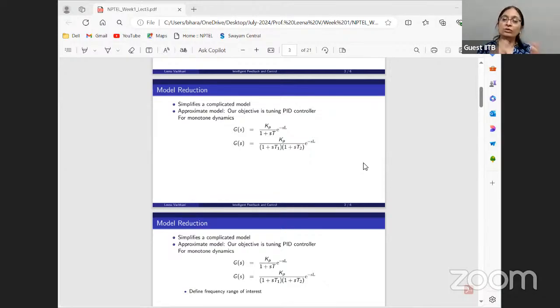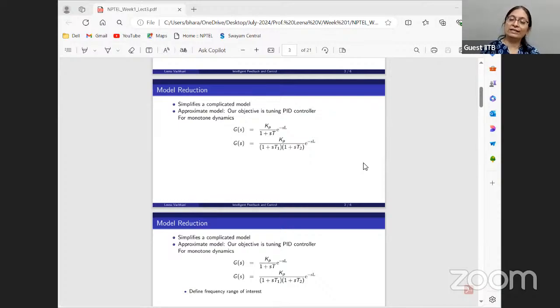Which one to consider, first order or second order, comes from the step test. You apply a step input and see the response of it. You will be able to judge whether it's exponentially increasing and reaching the steady state, or is it oscillating and reaching the steady state.